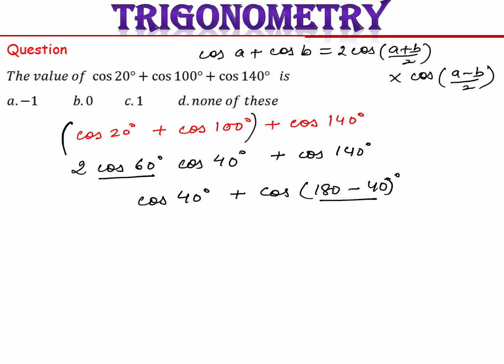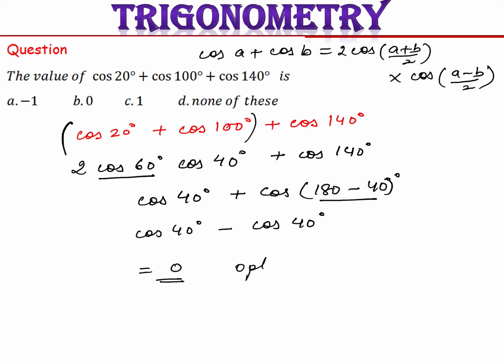And 180 minus 40 degree means we are in the second quadrant and we know that cos is negative in the second quadrant. The trigonometric function will not change, but only you have a minus sign. So I get cos 40 degree minus cos 40 degree and so my answer is 0.